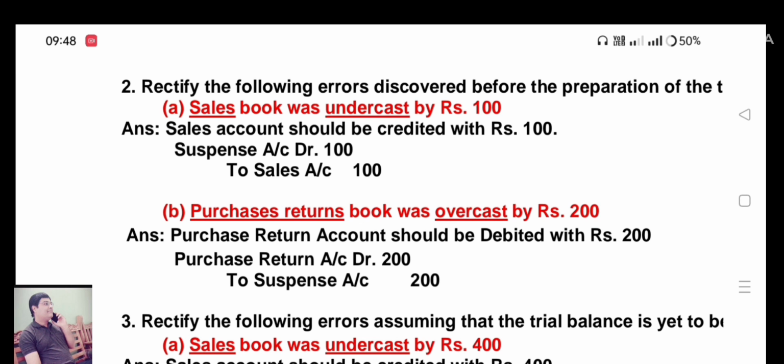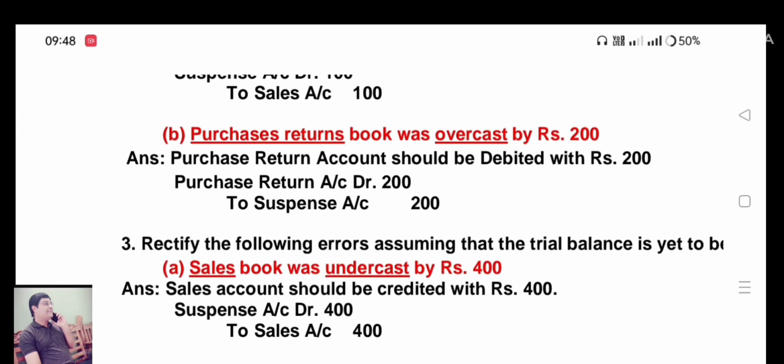Why? Sales is a credit balance. Simple. Under cost means you have to write the original, so originally sales is a credit, so you have to write in credit. Sales account should be credited with rupees 100. So the journal entry is suspense account debit to sales account.